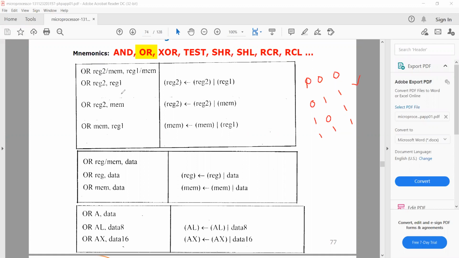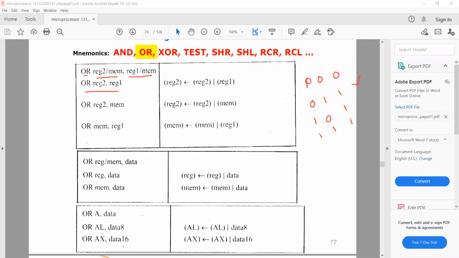Here that particular OR operation will be performed by this OR instruction. The OR instruction can be addressed in different addressing modes. Here you can use either register or memory. The first instruction gives you the OR operation between two registers.